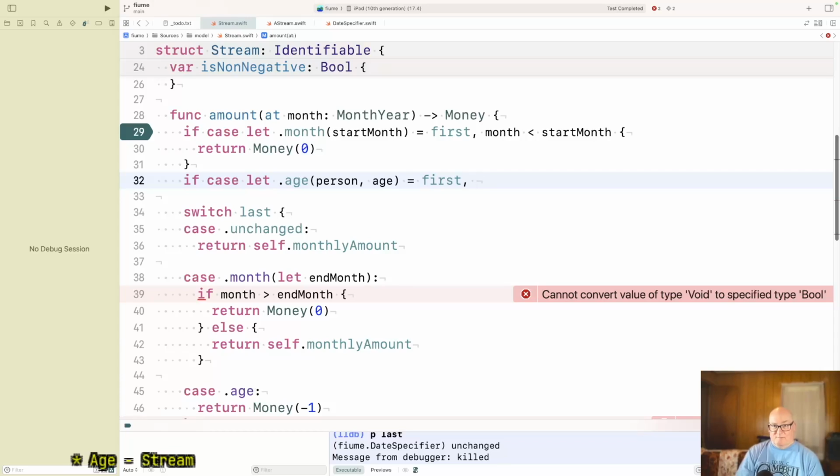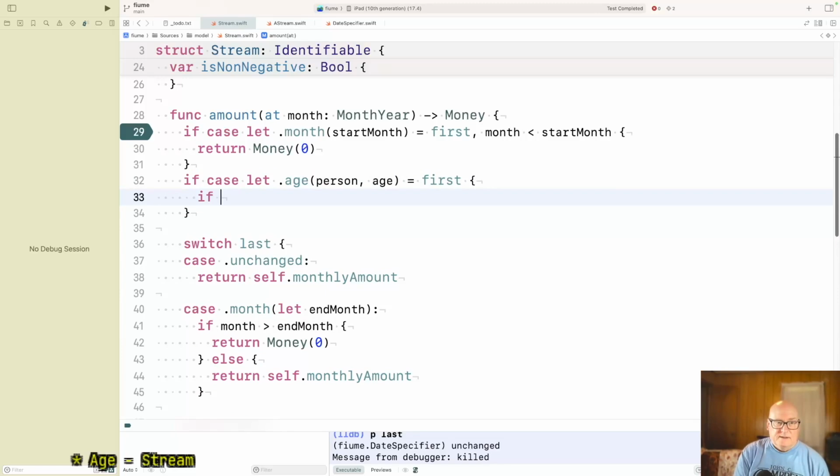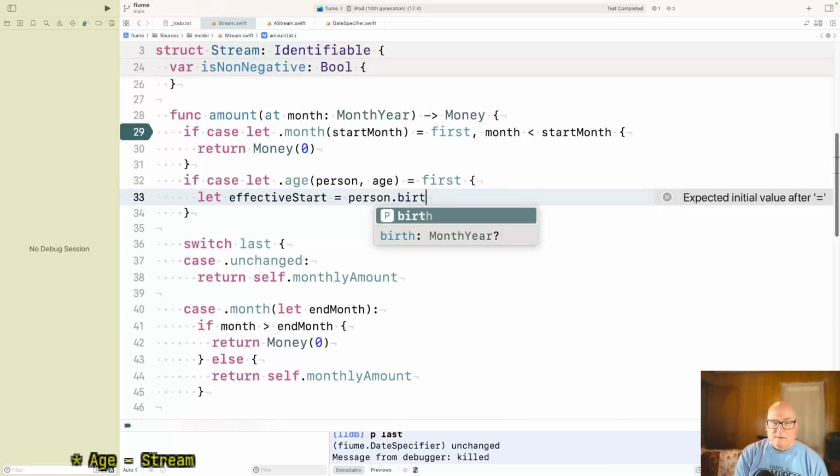And if the month is less than the effective start date, okay. I don't know, it might be easier to read it like this. If that, then if let effective start equal, well, it's going to be person.birth.